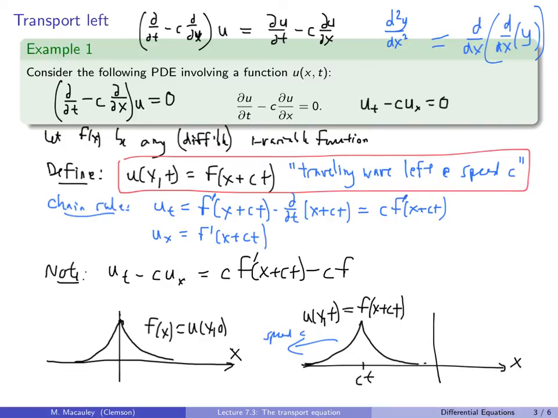So we have found a family of solutions for any one variable differentiable function. If we make it into a traveling wave left, then that function solves this PDE.